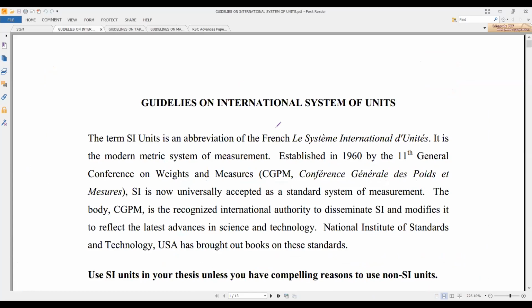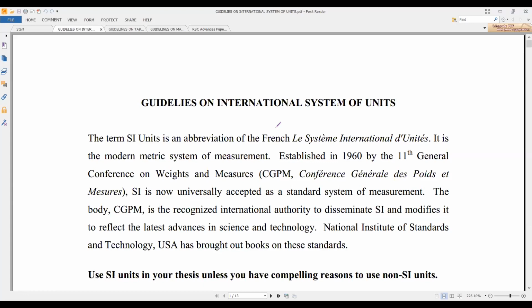Again, this is the PDF file where we have complete information. I will try to highlight the points. We know that these units generally we use in SI, that is System International Units. Even we use CGS units many times.